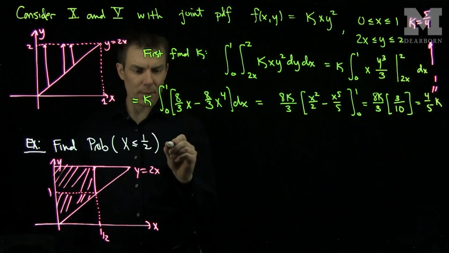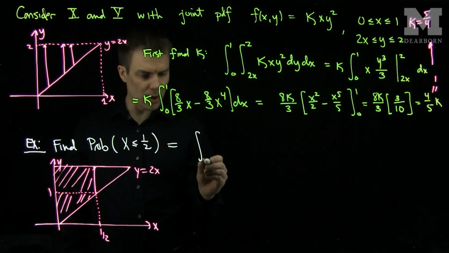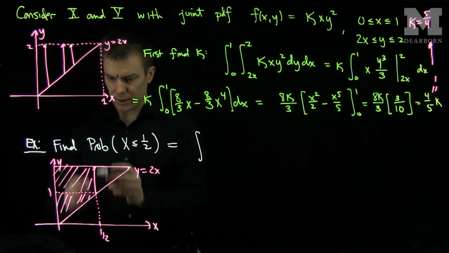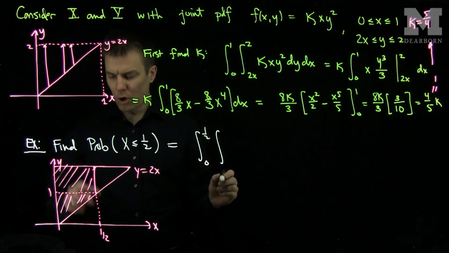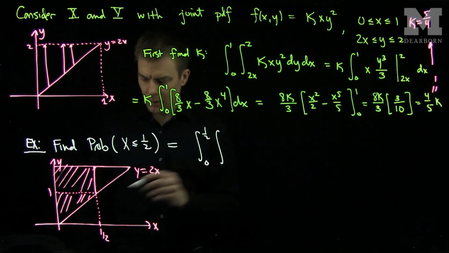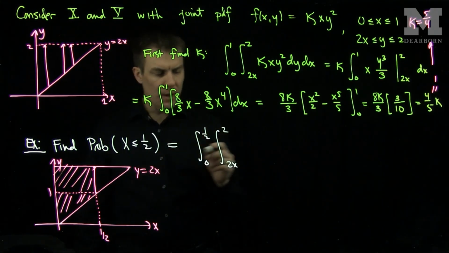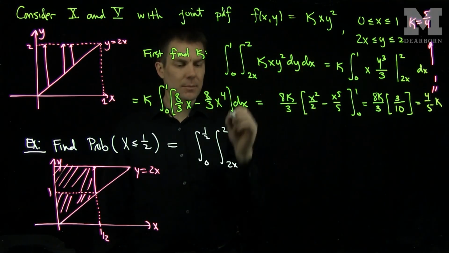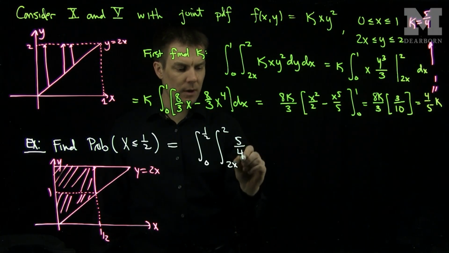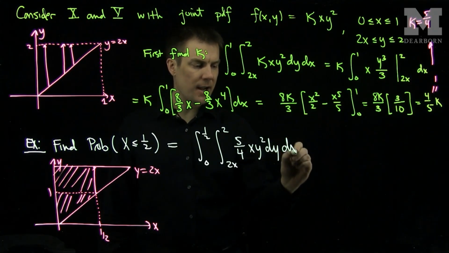So this probability will be equal to, x goes between 0 and 1/2, and y will go between this line 2x and 2. And then I will integrate my PDF, which is k times this quantity, so that'd be 5 over 4 times x y squared dy dx.